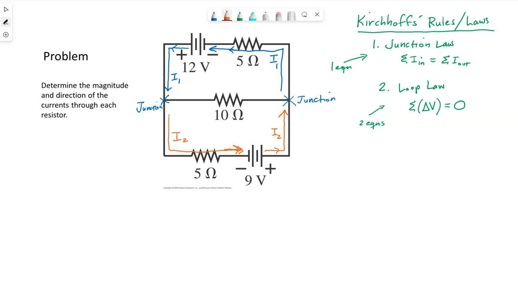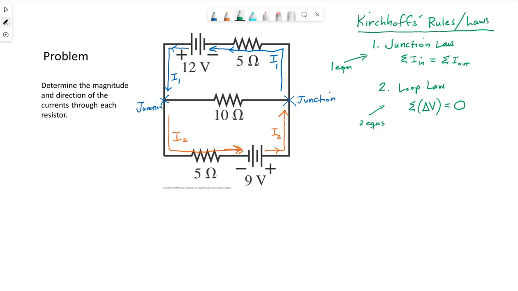Now I3 is going to be the current through the middle branch. Since there's no battery, I really can't say right or left based off of a battery in the middle. It turns out, as long as I'm careful in writing my equations and going through the algebra, it doesn't matter which way I draw that current.